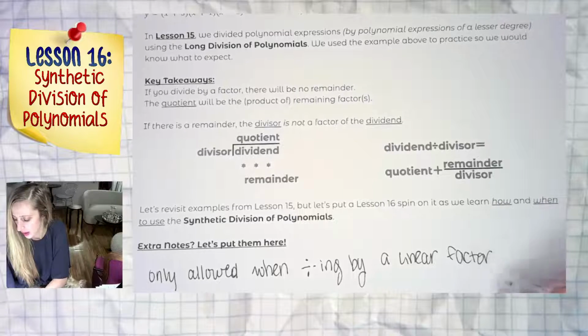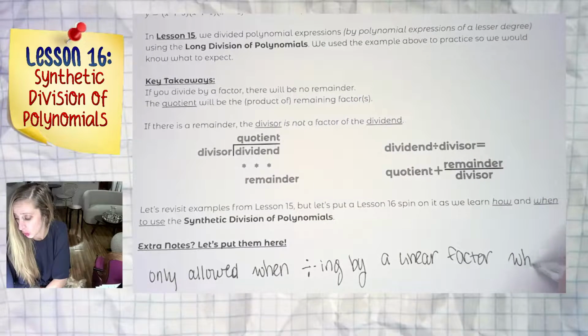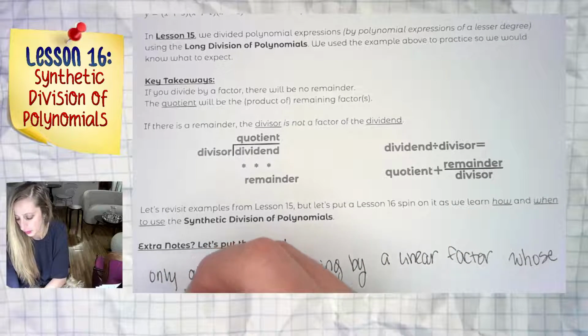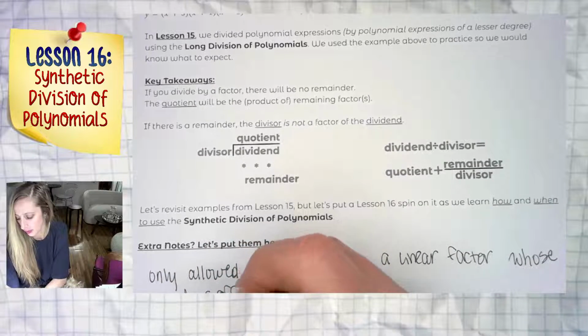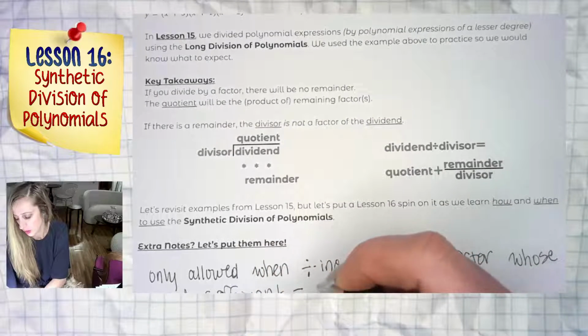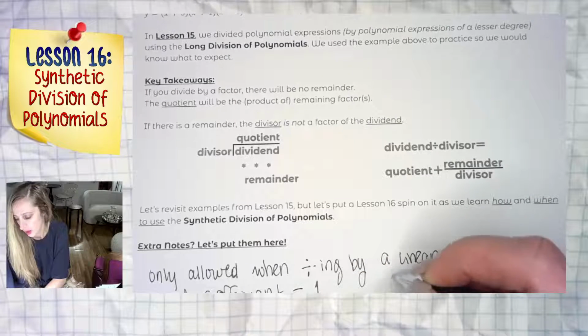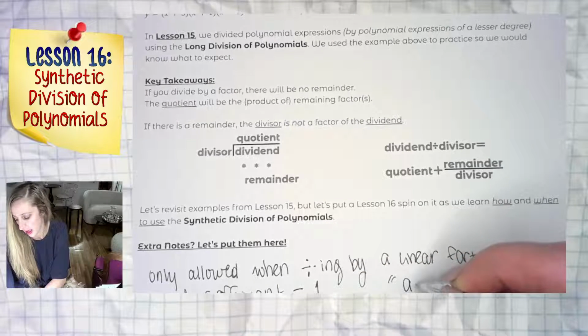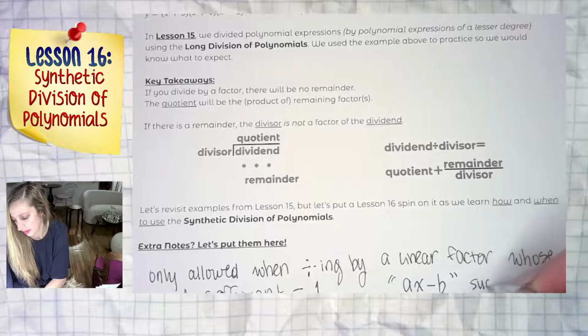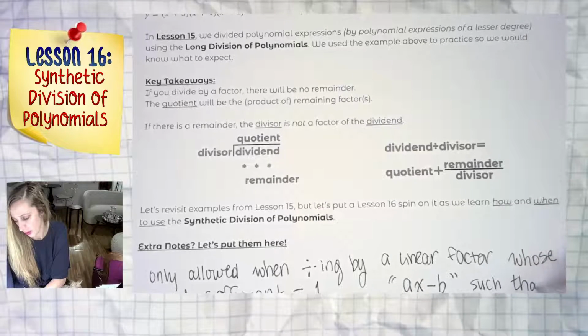Only allowed when dividing by a linear factor whose lead coefficient equals 1. So you might see it written as, say, ax minus b such that, there's symbols for such that, but right now let's just use the words, such that a is equal to 1.